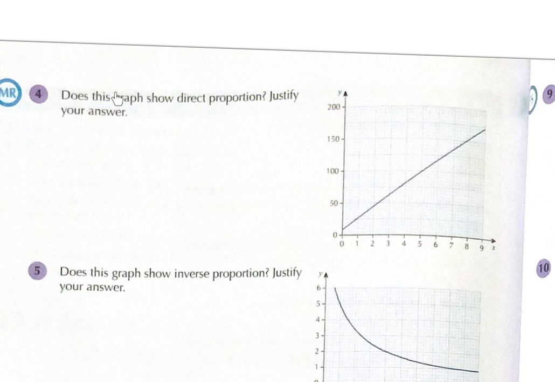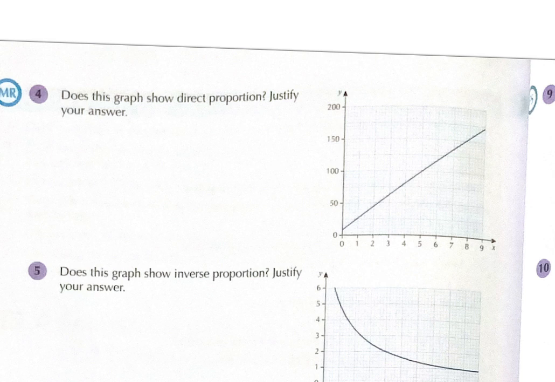Number 4, does this graph show direct proportion? Justify your answer. If you can answer, just raise your hand. Yes, Raneem. No, because it's not in the center. Yes, the line doesn't pass through the origin.